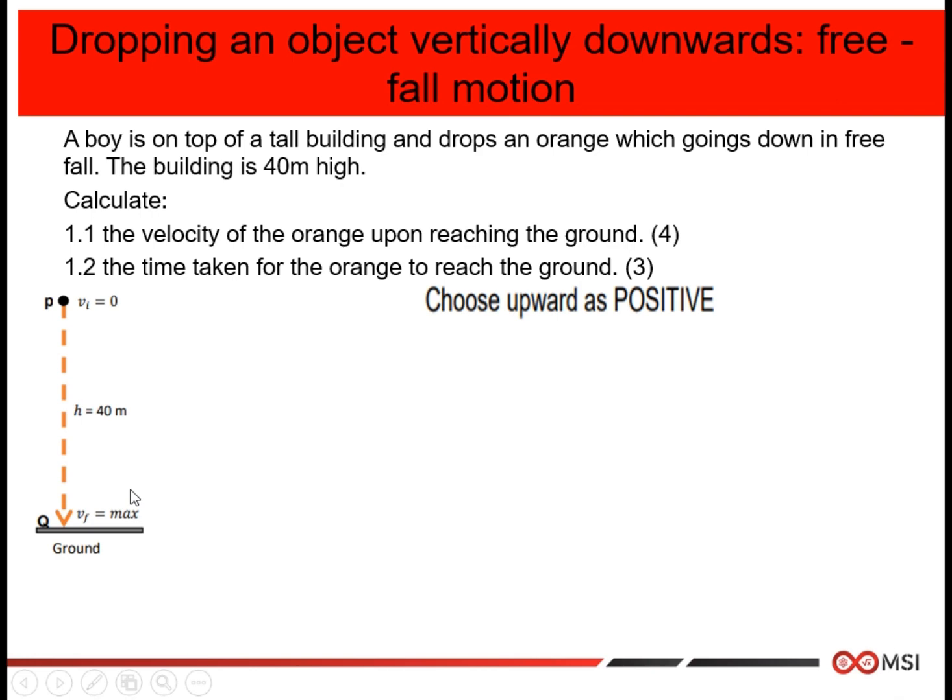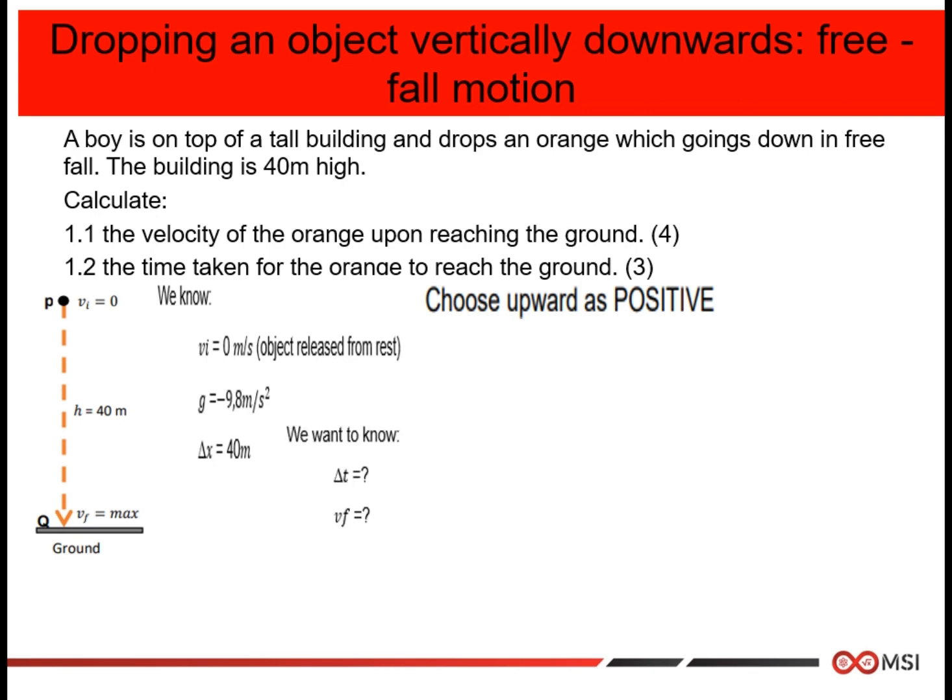We have our v initial. We know our gravitational force, which is already given, which is 9.8 meters per second squared. And we have our delta x. So what do we have and what don't we have? The unknown quantities that are missing: we don't have delta t and we don't have final velocity.